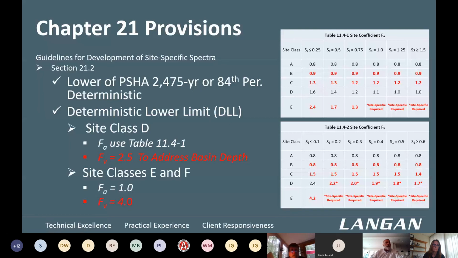So the way we develop site-specific, we go to Chapter 21 of ASCE 7, and to develop the site-specific, we have to look at a very rare probabilistically developed spectrum for a return period of 2,475 years, or 2% probability of exceedance in 50 years.